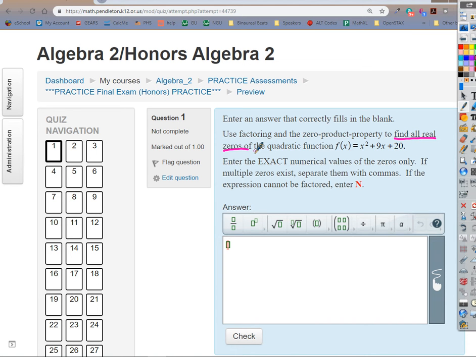So if we've got x squared plus 9x plus 20, finding the zeros means we're just setting it equal to 0. It wants us to enter exact numerical values of the zeros only. If multiple zeros exist, separate them with commas. If it cannot be factored, enter DNE. It can be factored, so this is a pretty easy one.